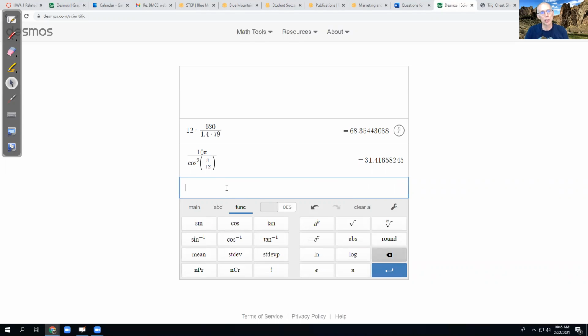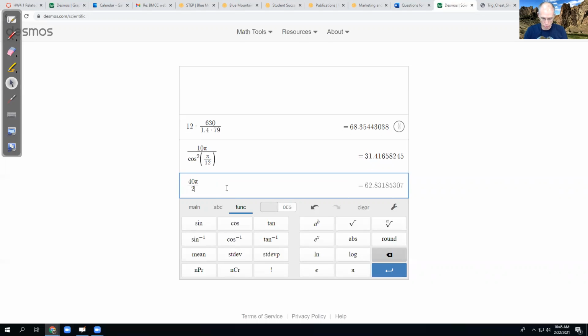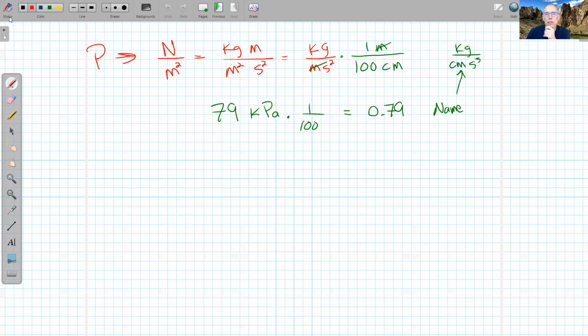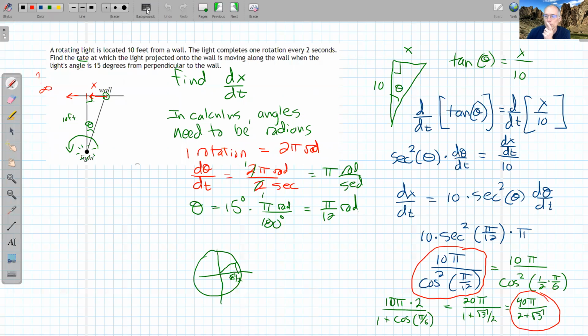The other version I ended up with was 40 pi divided by 2 plus the square root of 3. Ooh, I got an error somewhere. There's no match. Okay, it's back. Where'd my notes go? There we go.